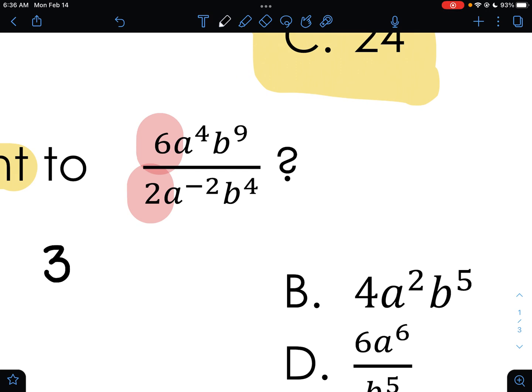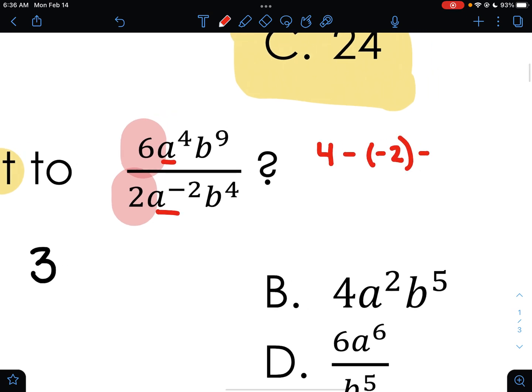Then I'm going to subtract the exponents with the same variable. So same variable means a and a. So 4 minus negative 2. Well, the double negative turns that into a positive, so it really turns out to be a 6. So I get a to the 6th power.